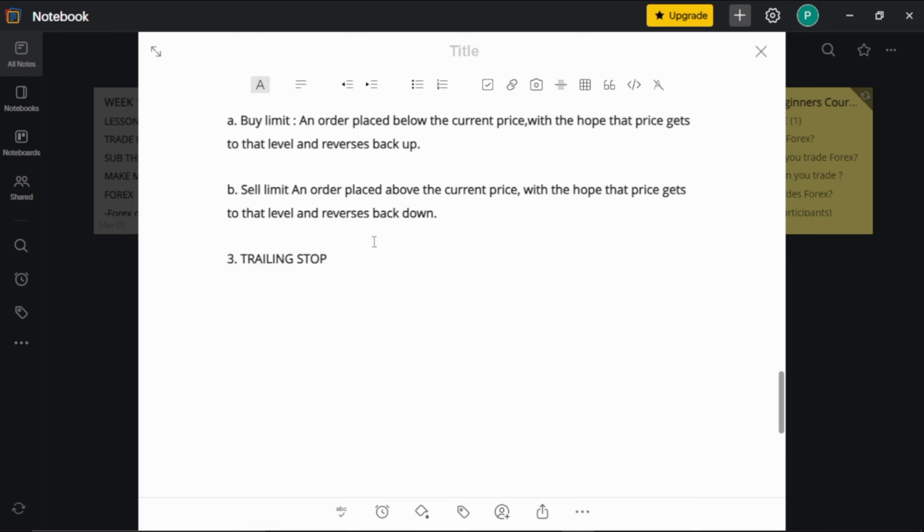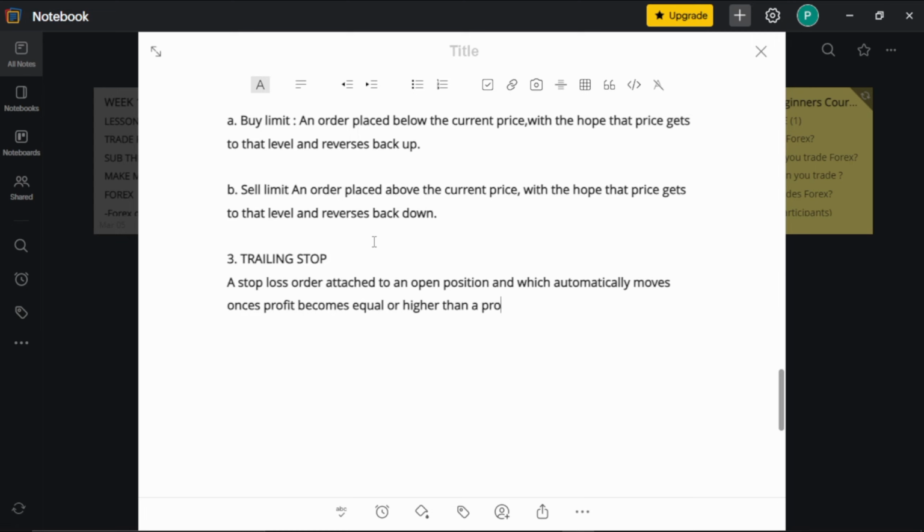Okay, this is a stop loss order attached to an open position, and which automatically moves once profit becomes equal or higher than a price level.